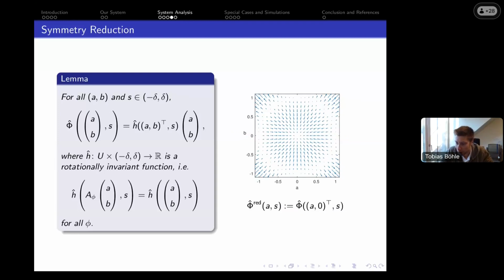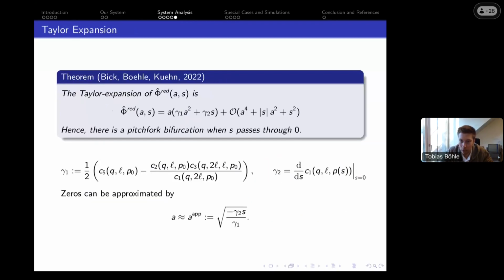Okay, and so the theorem that we came up with is that we have computed a Taylor expansion of this function phi hat reduced, and the Taylor expansion is given by a times gamma 1 times a squared plus gamma 2 times s, and then some higher order interactions.